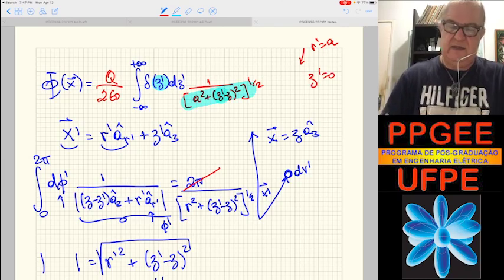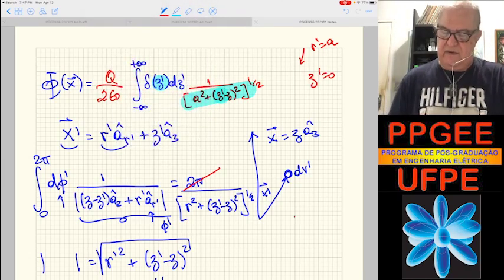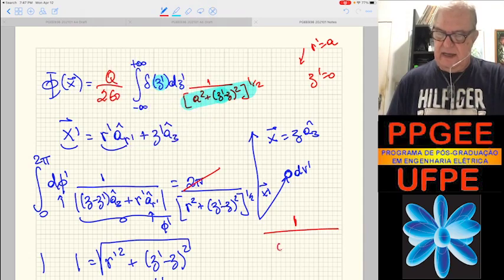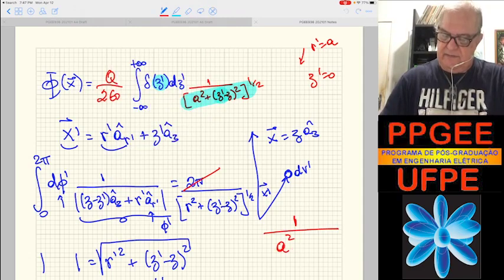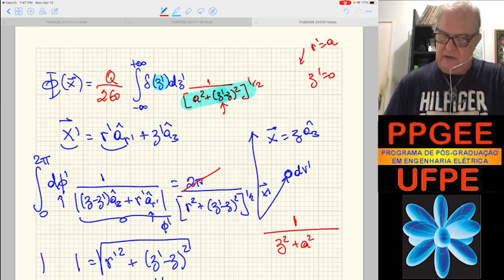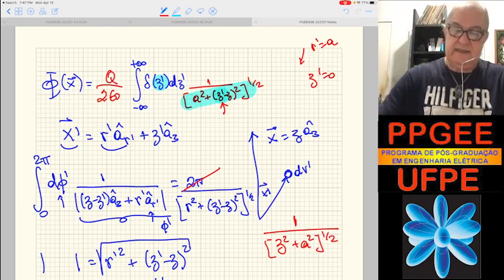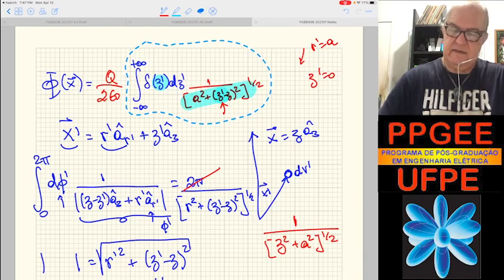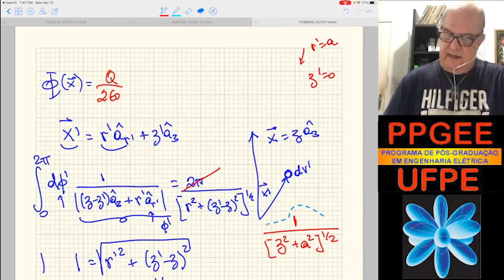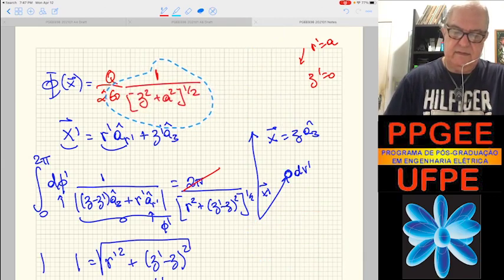So this whole thing is going to result in a value, I'm going to write here, 1 over (a squared plus z squared) to the 3/2, with z prime equals 0. So this integral here can be replaced by this thing here.